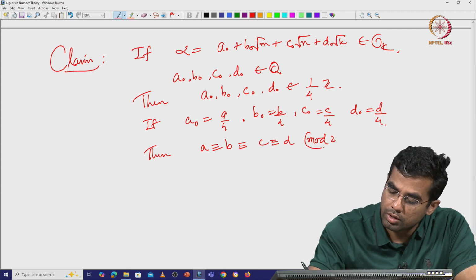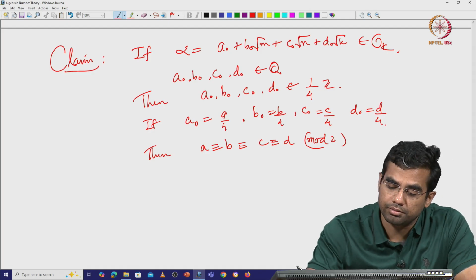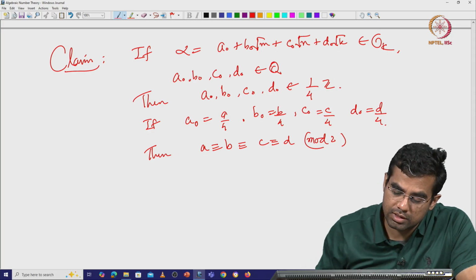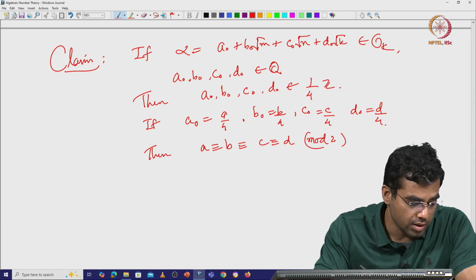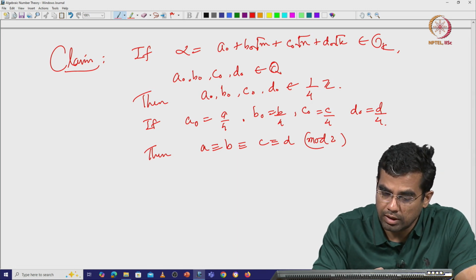Mod 2. So a, b, c, d are integers, and my claim is that if alpha is of this form, then this is the relation between the coefficients. So how do I prove this again? Let us see.